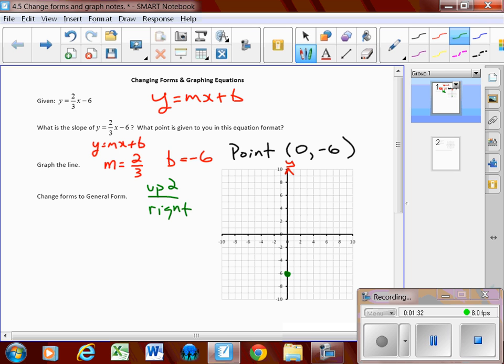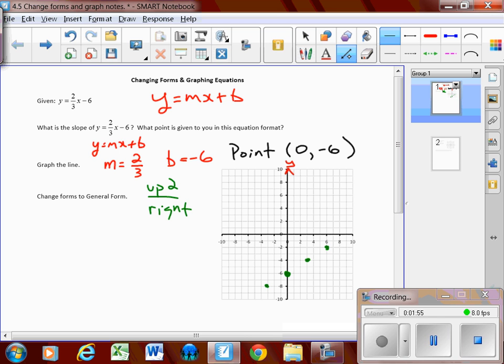It's a positive slope. So up 2 and right 3. Let's plot a point. We could keep going, or let's go down 2 and left 3 and plot a point. And that's all we really need to plot a graph.